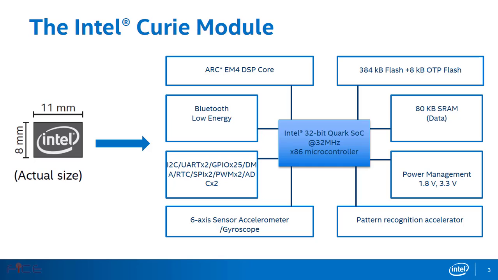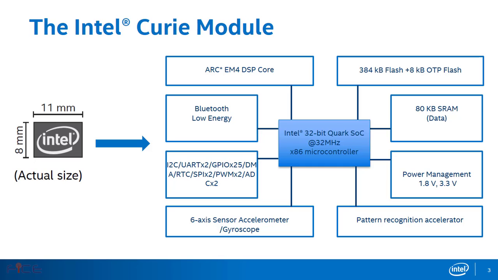So Intel Curie module is a very powerful tiny module which uses Intel Quark SoC, a 32-bit Intel architecture-based CPU running at 32 MHz of clock frequency. Other than this, Intel Curie also contains an ARC-based DSP processor.